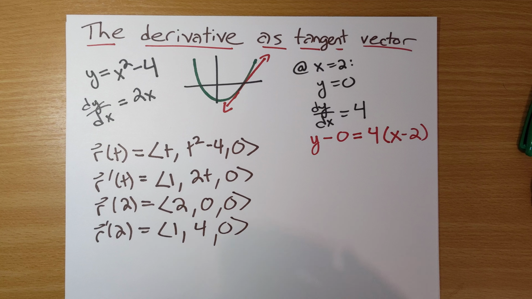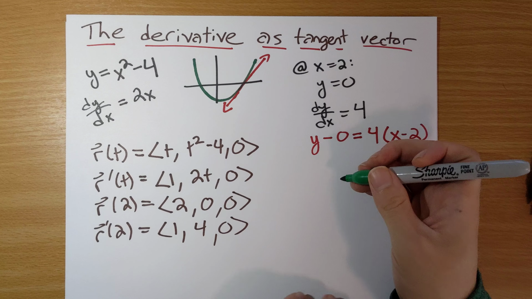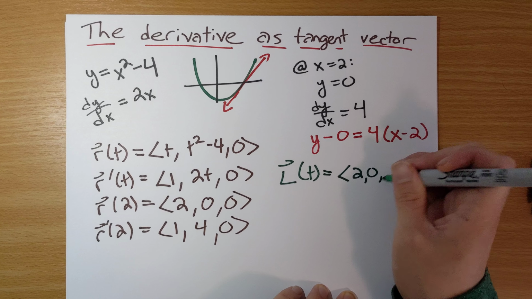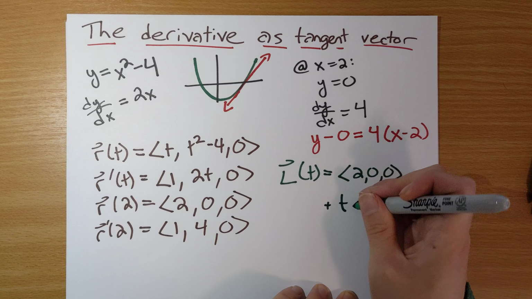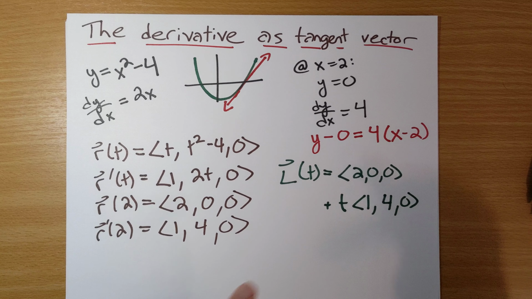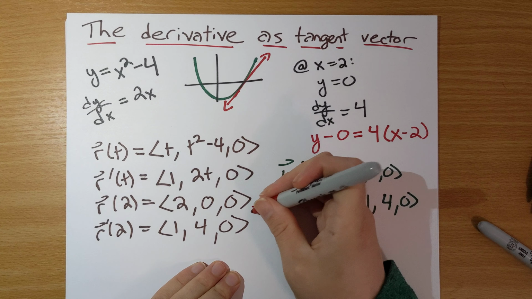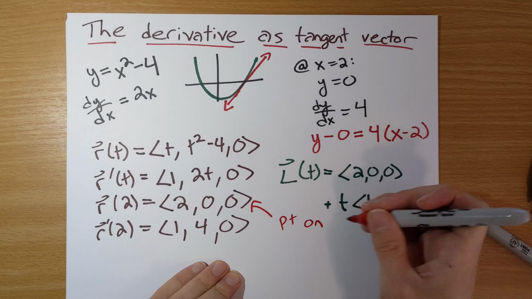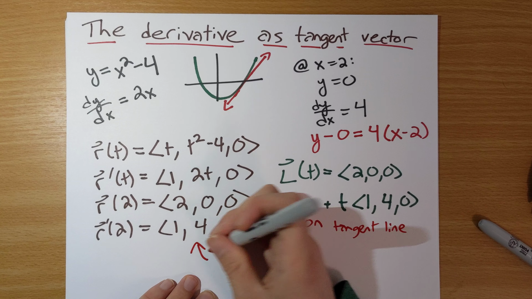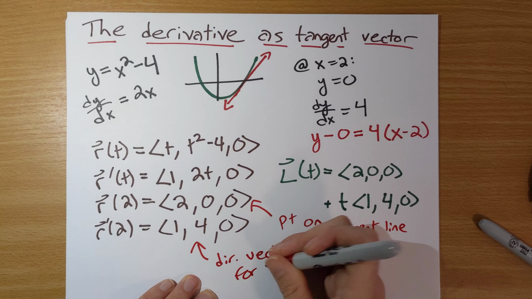So observe here that we can write the following. L of t is equal to 2, 0, 0, plus t times 1, 4, 0. Why does this kind of make sense here? This right here corresponds to a point on the tangent line. And this is a direction vector for the tangent line.